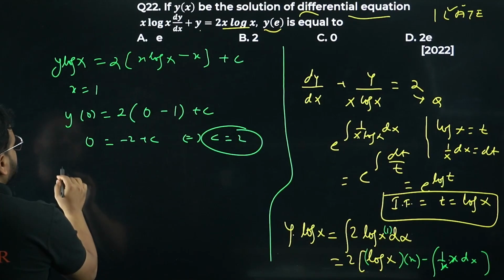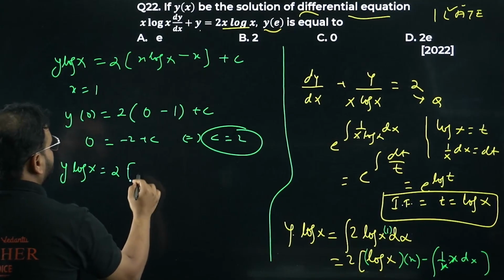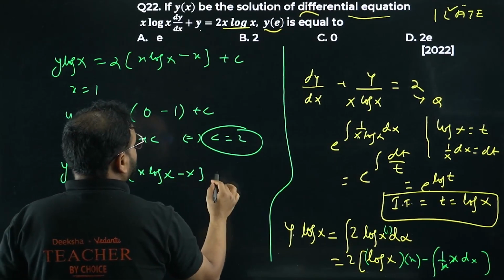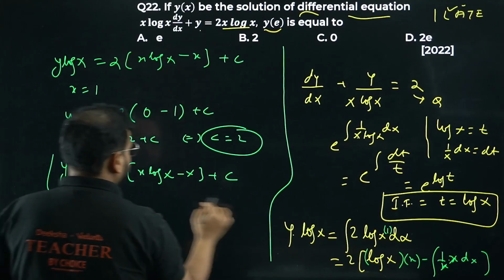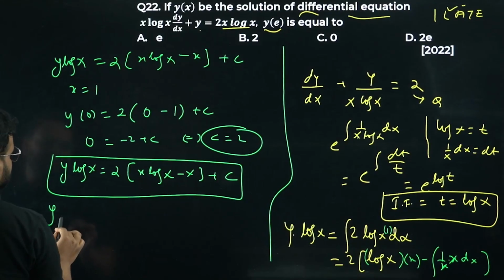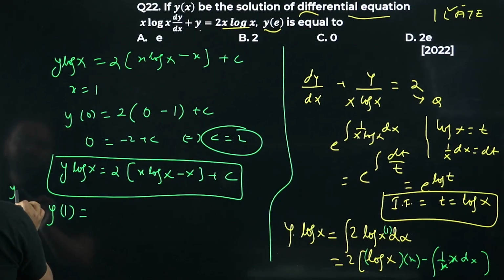Put the answer. We'll have y log x equals 2 times of x log x minus x plus c. Now we are looking for y(e), right? So we'll put this, as log e will be 1. This is when x equals e.